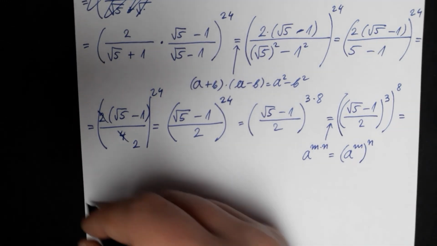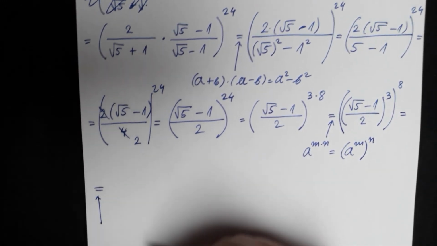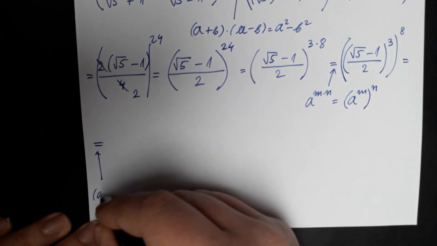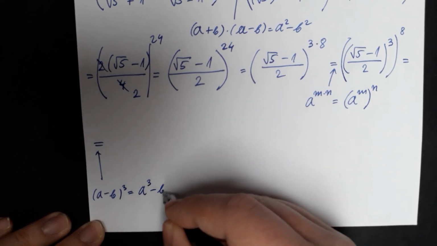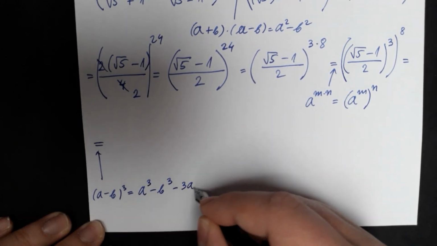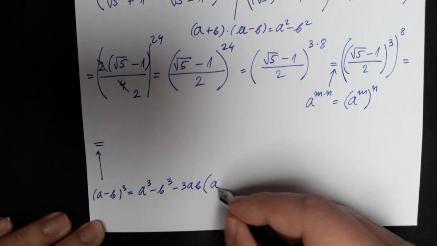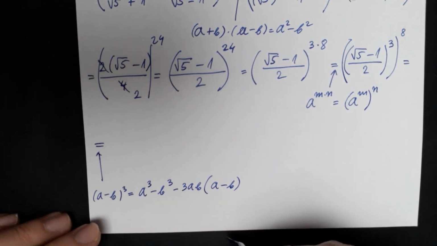At this point, I can use the fact that a minus b cubed is equal to a cubed minus b cubed minus 3ab times the bracket a minus b.